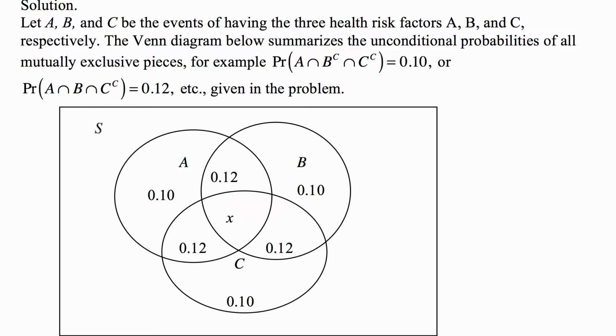Two factors. We know that only one factor has probability 0.10, and two factors, but not the third one, 0.12. That's indicated in this graph. S refers to the entire probability space. X is the probability that a woman has all three factors. We don't know that, but we'll try to figure it out.